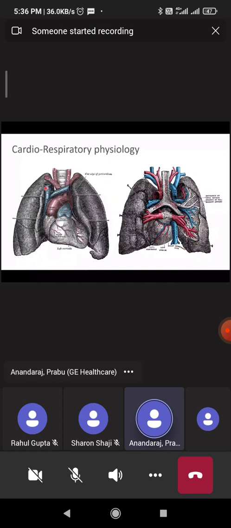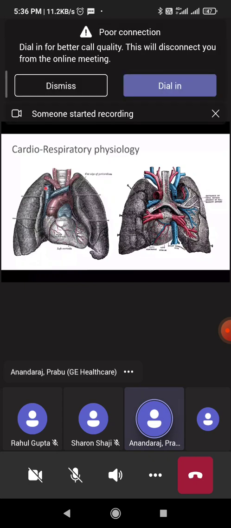So if I'm having a higher peak or maintaining a high pressure in the ventilator, these vessels will be squeezed, making it harder for blood to enter the circulatory system or the heart.